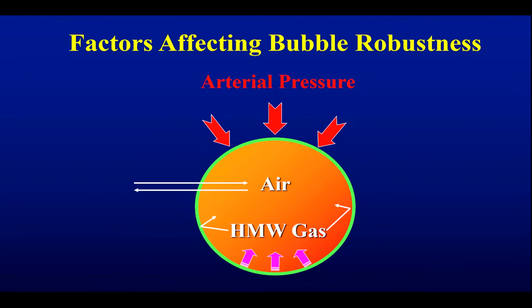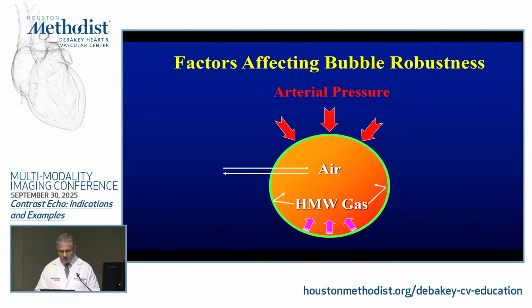Now these have a gas in a shell, so part of the development process of the newer ultrasound contrast agents has been the manufacturing of the shell itself and what kind of gas is inside that shell. And usually they're inert, either air. The problem with air is it can diffuse in and out.